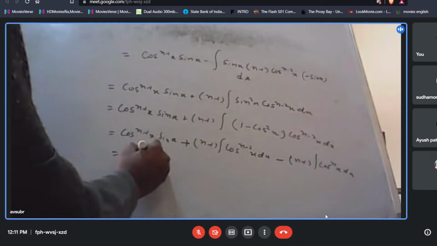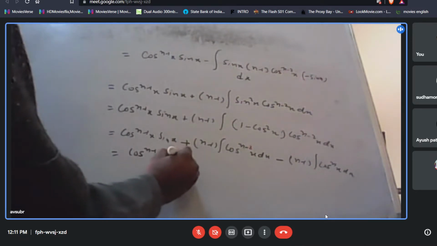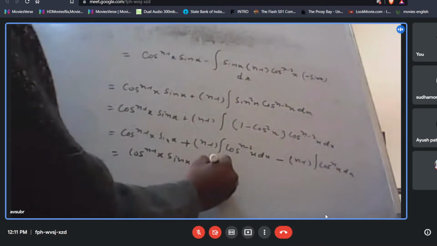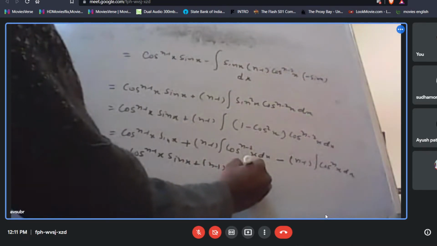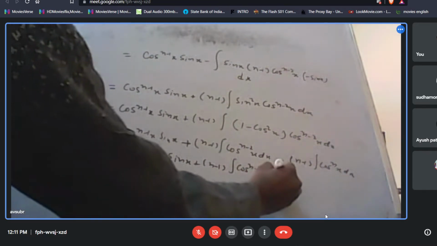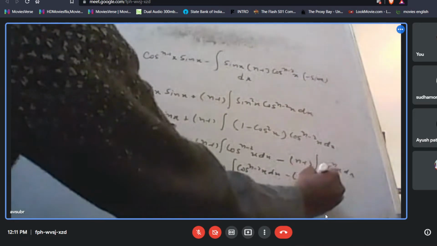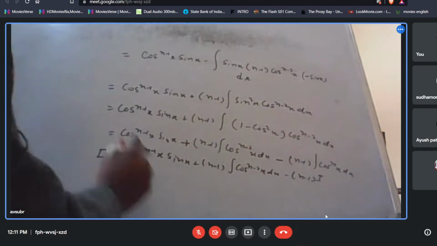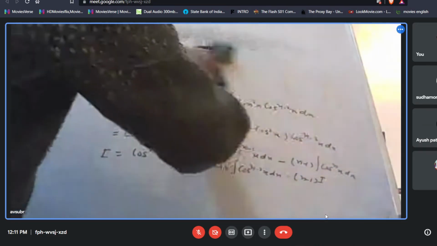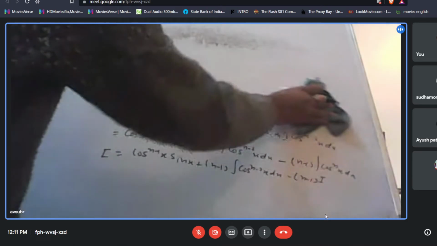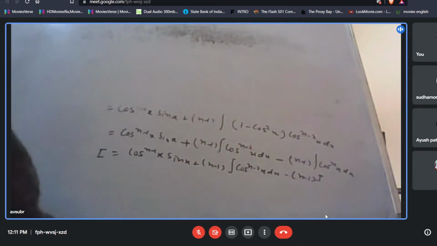This is equal to cos to the power n minus 1 x sin x plus n minus 1 integral of cos to the power n minus 2 x dx minus n minus 1 into I. This is equal to I. And so this you can bring on this side.